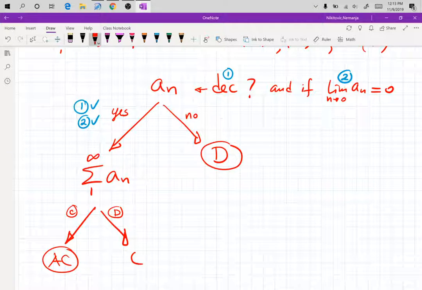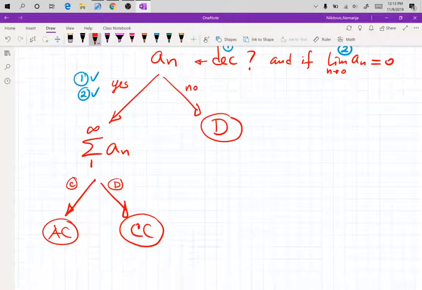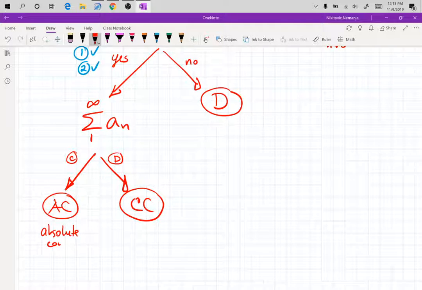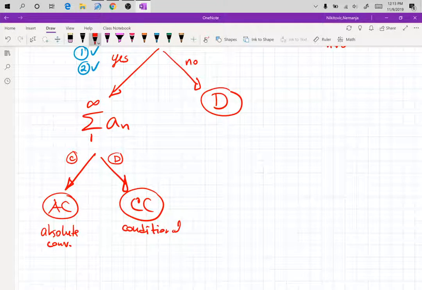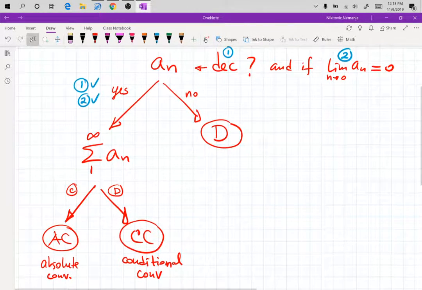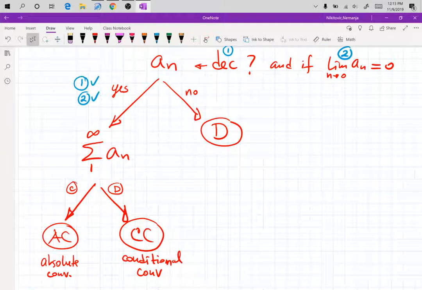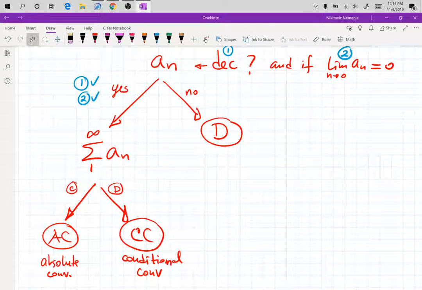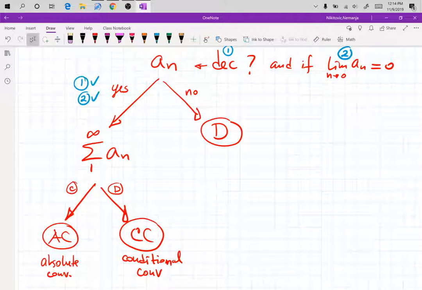And if it diverges, it will be conditional convergence. And this is your roadmap. So there are 3 possible answers: diverge, absolutely convergent, or conditionally convergent.